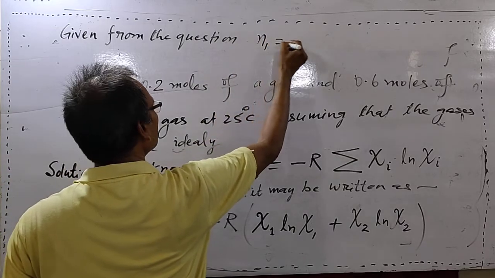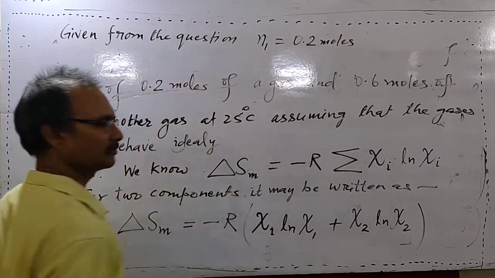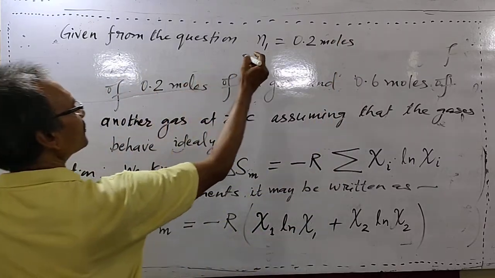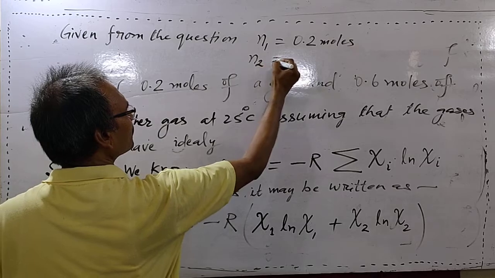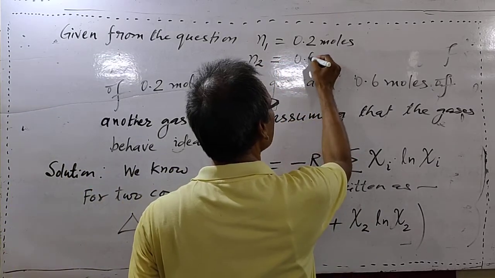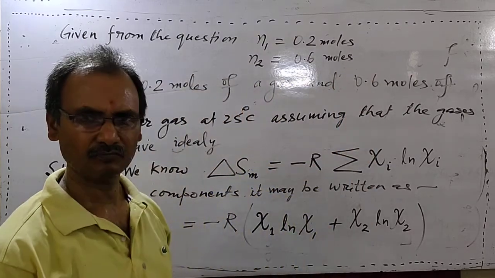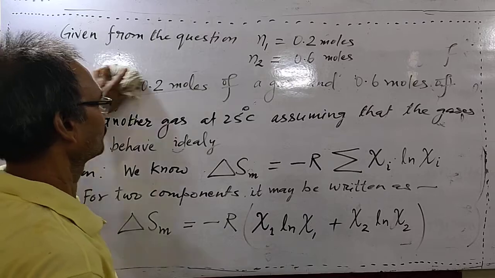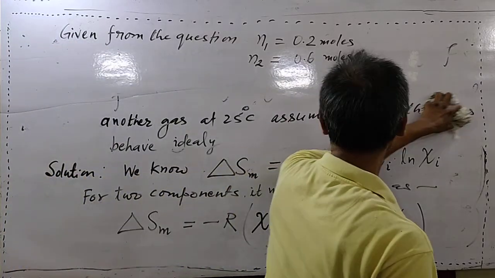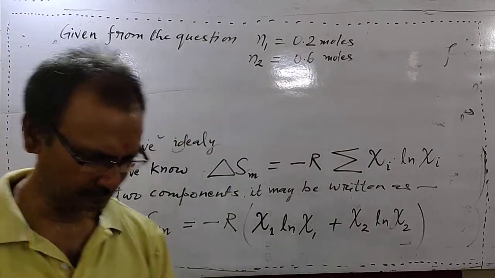Number of moles N1 is equal to 0.2 moles and N2, for the other gas, is 0.6 moles. Now calculate the mole fraction.